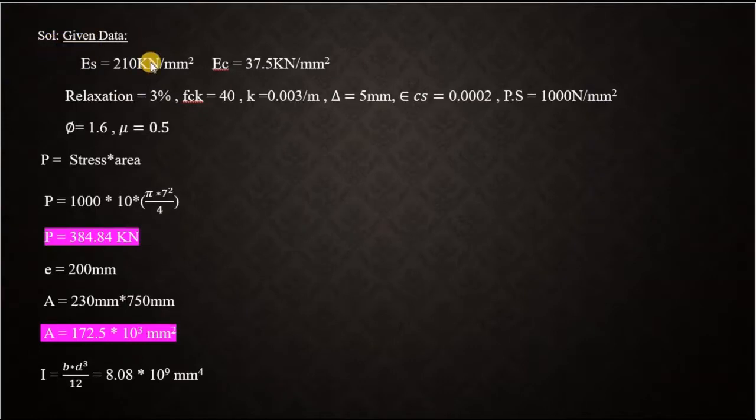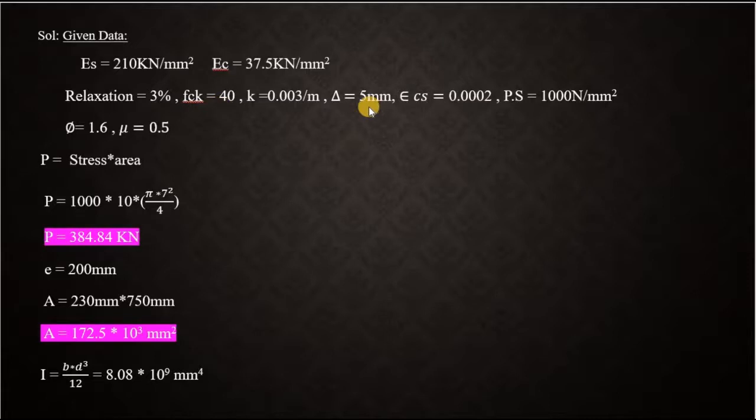Let's start with the solution. Before solving, we should write down the data given. Young's modulus of steel, Young's modulus of concrete, relaxation. As they have given the grade of the concrete, we can write the characteristic strength of the concrete, FCK, as 40.